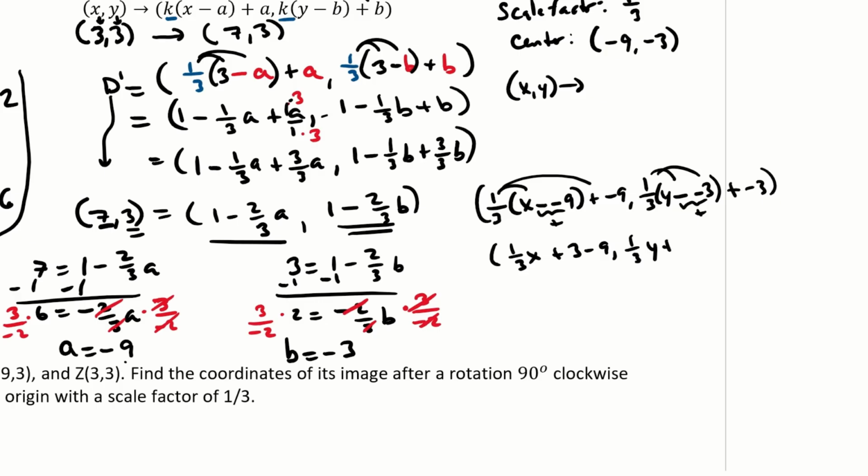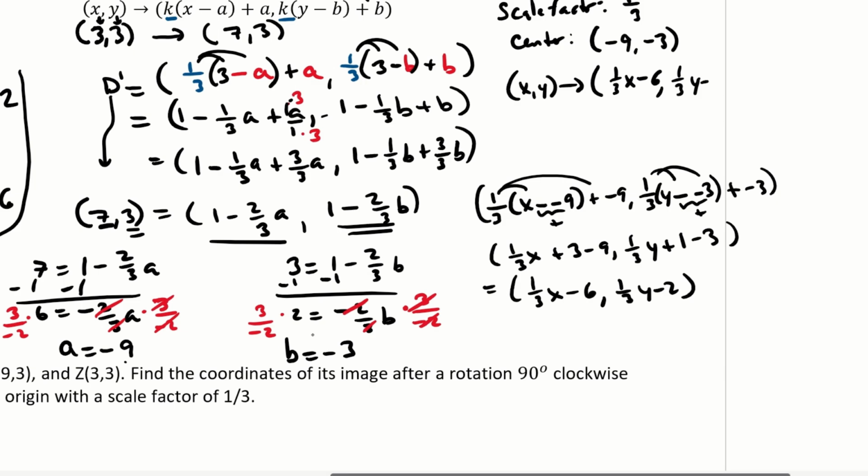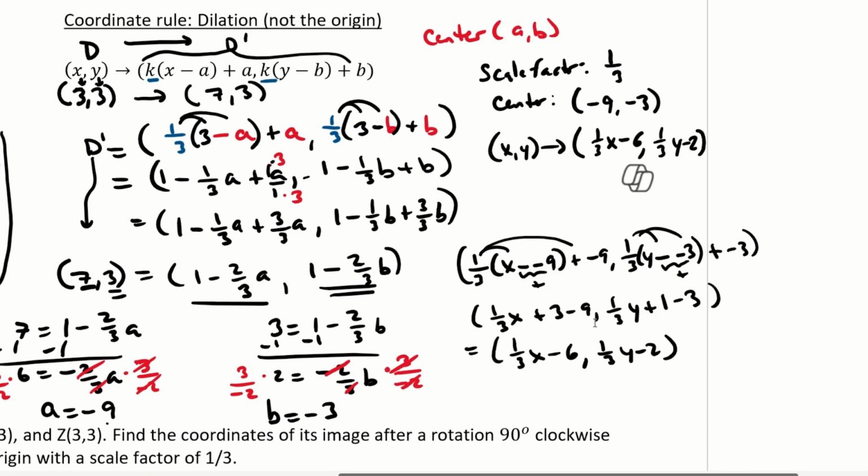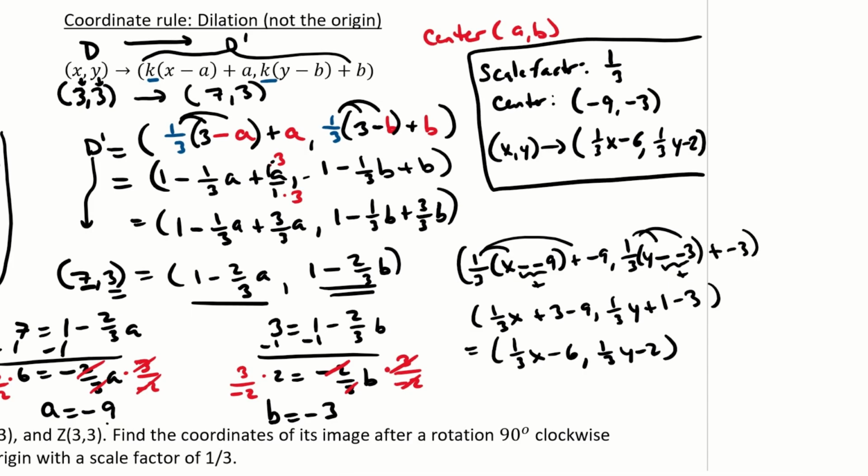So plus 1 minus 3, or plus negative 3. All right, so 1/3 x minus 6, and 1/3 y minus 2. There you go. So there's our rule. A very involved type of problem, but we were able to describe our dilation, scale factor, all that.